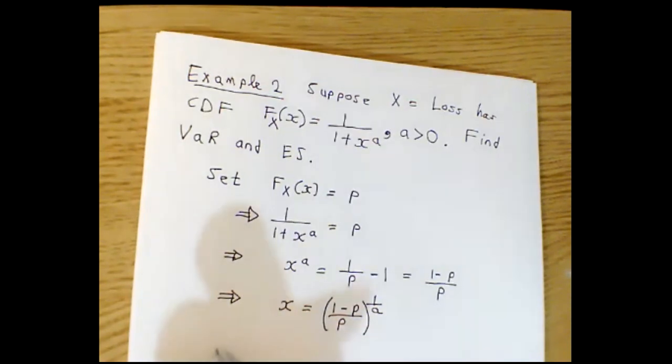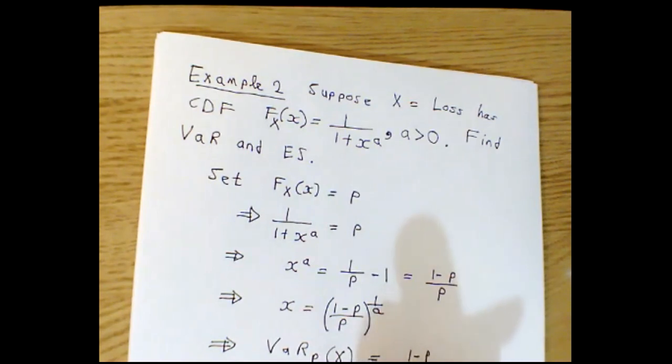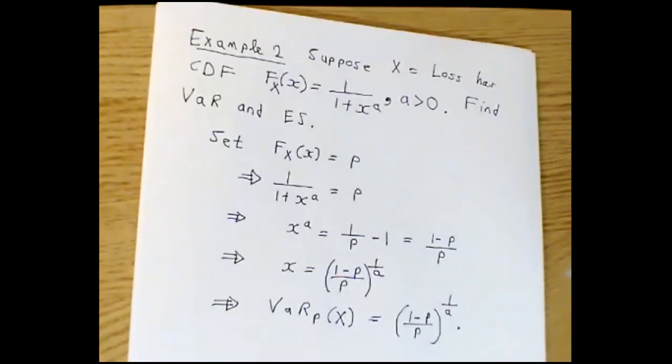So hence the value at risk, or VaR, is given by this formula, 1 minus p divided by p raised to the power 1 over a. Okay, you guys okay with this?